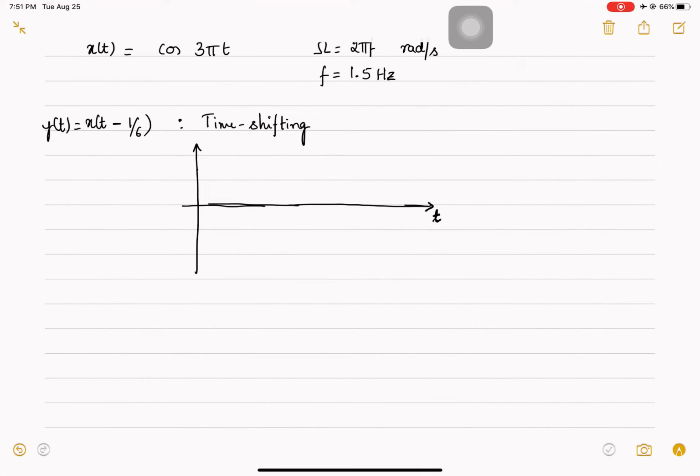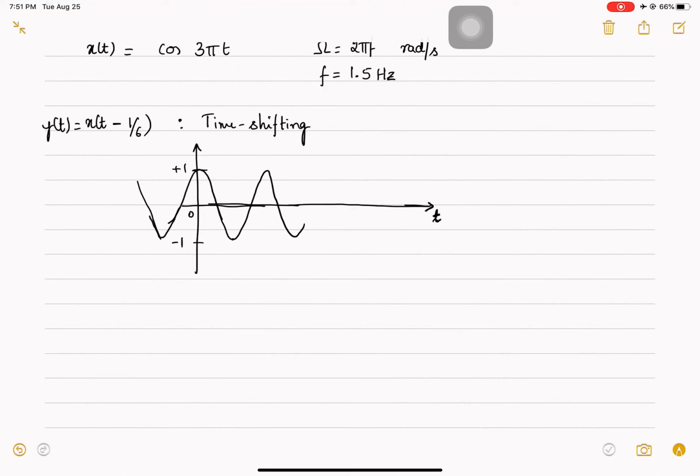So at t equal to 0, it's 1. This is how it looks. This point here is minus 1 and this point here is plus 1. This is t equal to 0 and you have the same signal on both the sides, and so on and so forth.